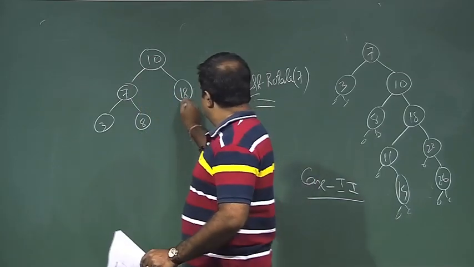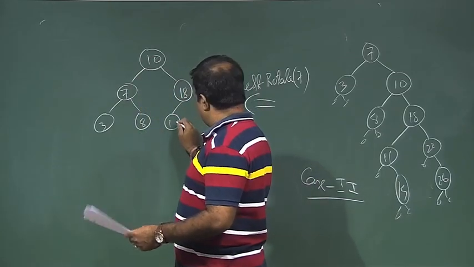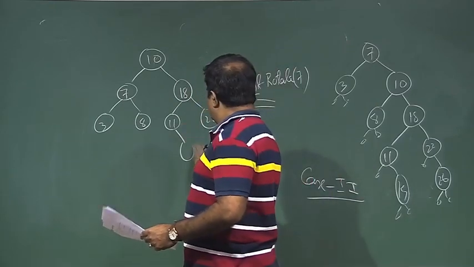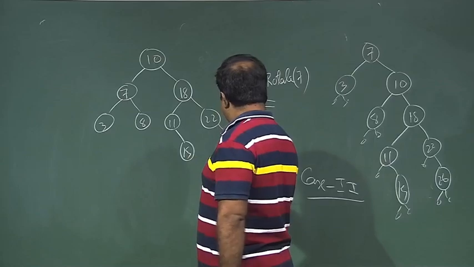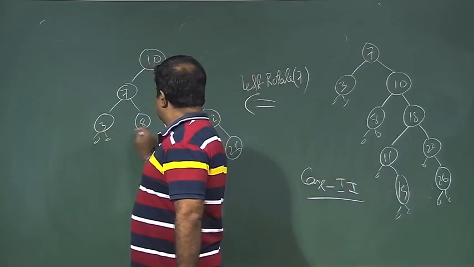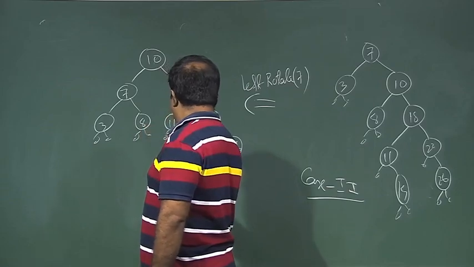We have seen the operation of left rotate. Then 22, and we have 15 over here, 26, and these are the nils basically.